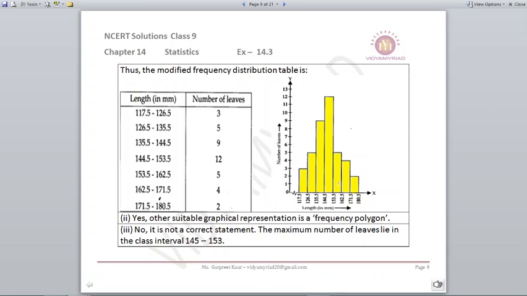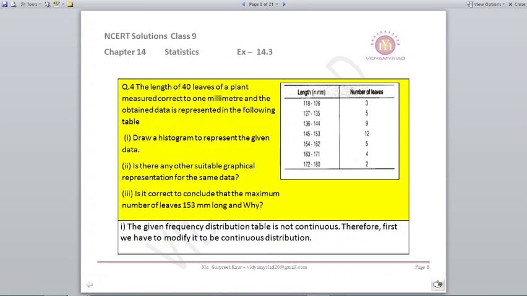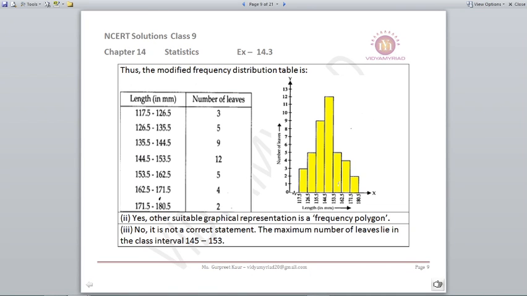Now you must be wondering that the length is given as 118 to 126, then 127 to 135, then 136 to 144, so why have I made a new table, writing 0.5? First of all, our class intervals should be in a continuous series.